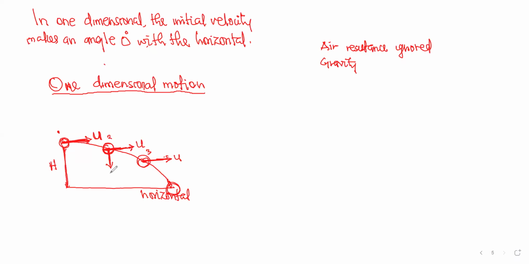Because it has a vertical velocity, it is constantly brought to the ground. So whilst the body travels, there are two components of velocity acting on it: a horizontal velocity, which is always constant, and a vertical velocity, which is affected by gravity.